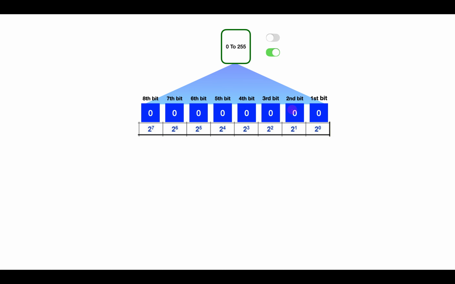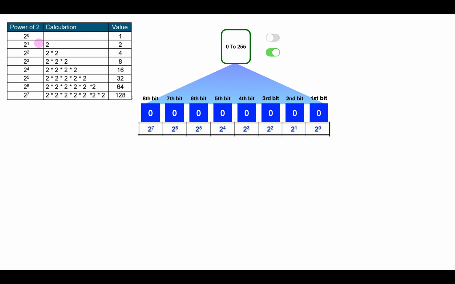So if the second bit is utilized, the value will be 2 to the power 1, which is 2. Here is the calculation: 2 to the power 0 is 1, 2 to the power 1 is 2, 2 to the power 2 is 4, 3 is 8, 4 is 16, 5 is 32, 6 is 64, and 7 is 128.